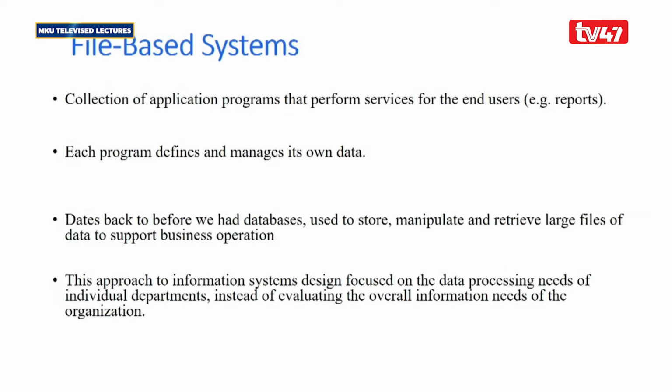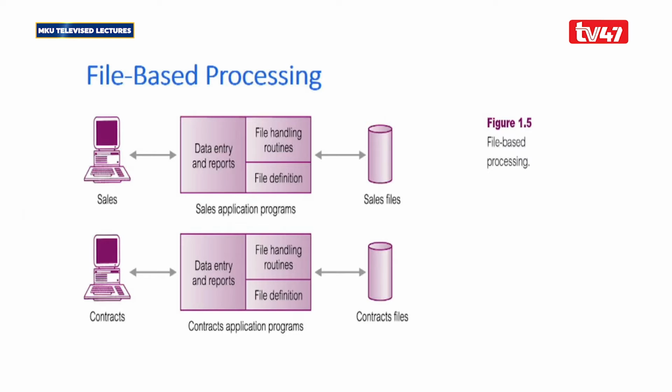When we look at file-based processing, it's very simple. If you look at a department, for example, you can have a department keeping a file for that department. We can have a sales department, we can have the contacts file somewhere, we can have a sales file from the sales department, and so on. For customer care, we can talk of contracts.